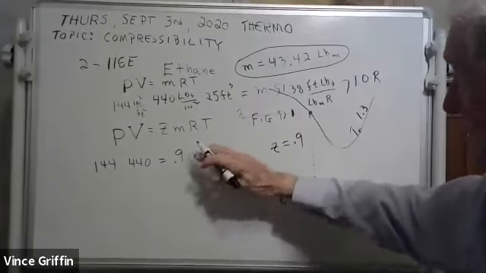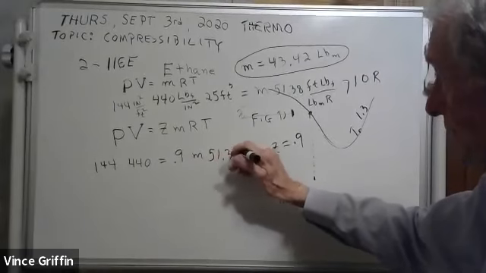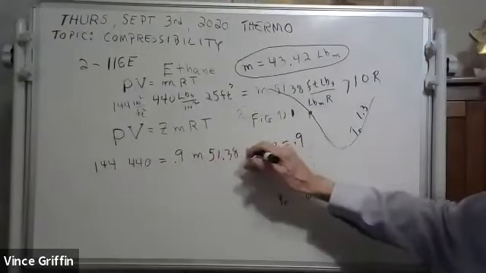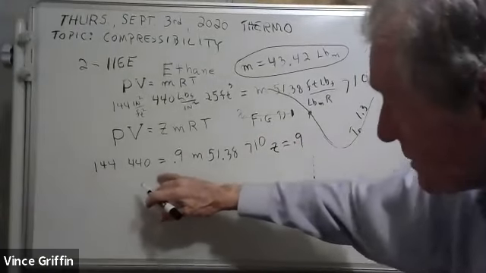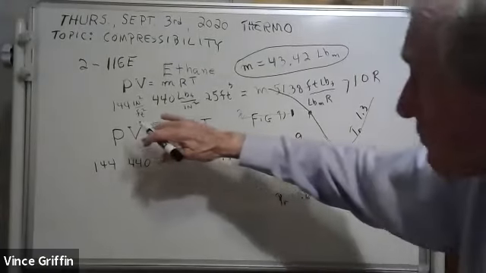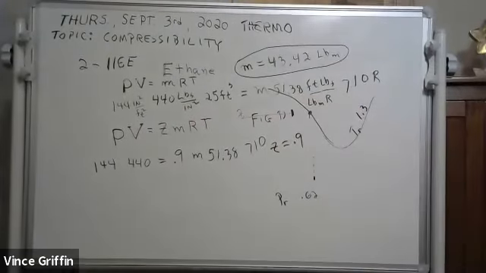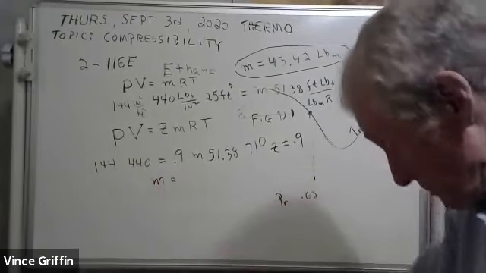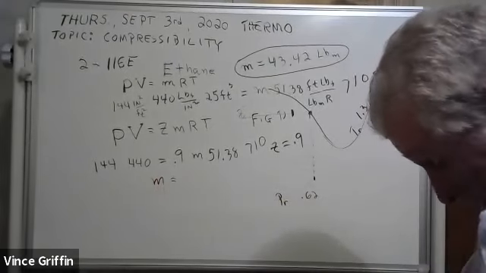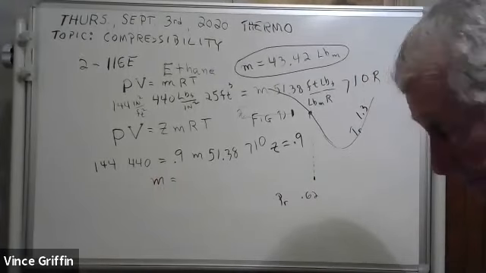No. The R is 51.38, and the temperature is 710. Now, I was lazy and I didn't write in my units, but I've got my units right here. They're right there. So I can get away with that this time. Okay, now we're going to solve for the M, and this will be more accurate. Okay, here goes. I'm plugging that in now.